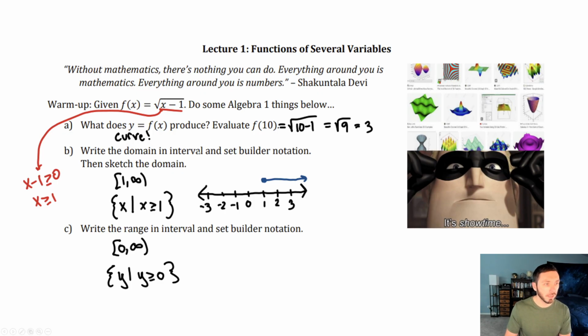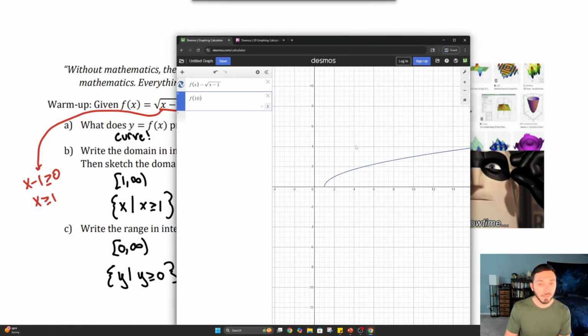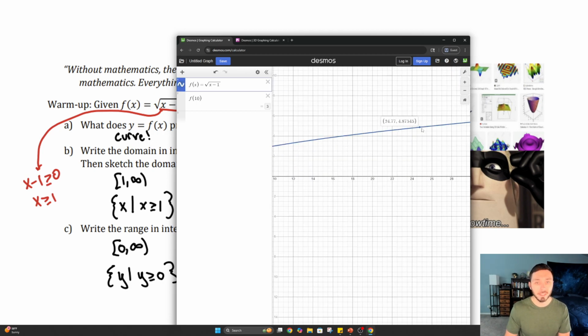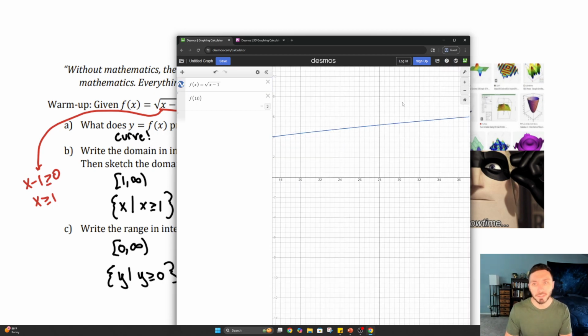If we were to cover the domain in, let's say, interval notation first, we would just think of this as from left to right, what is the leftmost value we hit? Well, we can accept a 1 and nothing less, because anything lower than 1 would produce an imaginary number, right? You plug in 0, you get square root of -1. We don't like that here. But then any other number to the right of that is perfectly adequate, totally fine, no issues with at all.